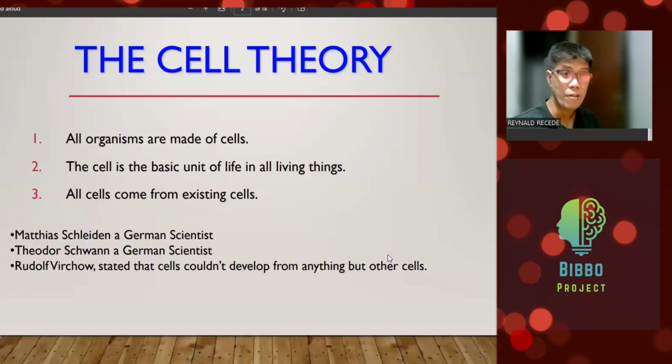Now, the third person involved is Rudolf Virchow, who stated that cells wouldn't develop from anything but other cells. Ibig sabihin, cells came from pre-existing cells. Ang cell hindi manggagaling sa isang bagay na hindi makukonsider na cell. So that is basically what the cell theory means.